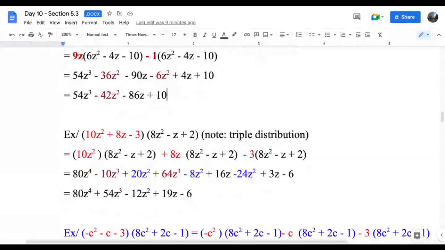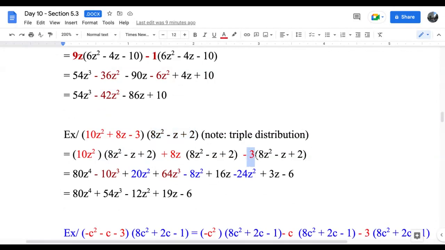Or let's say a trinomial times a trinomial. We do triple distribution. We use the first term in the first parenthesis, multiply the second parenthesis. Then plus the second term, multiplied by the second trinomial.